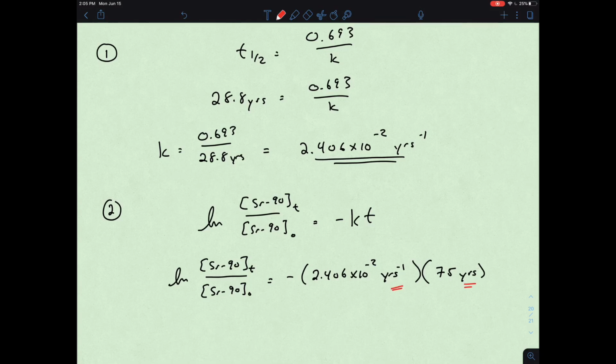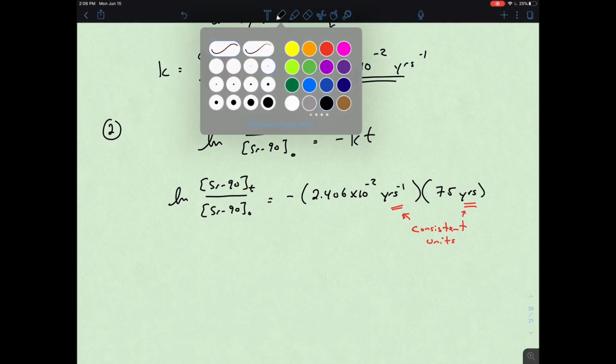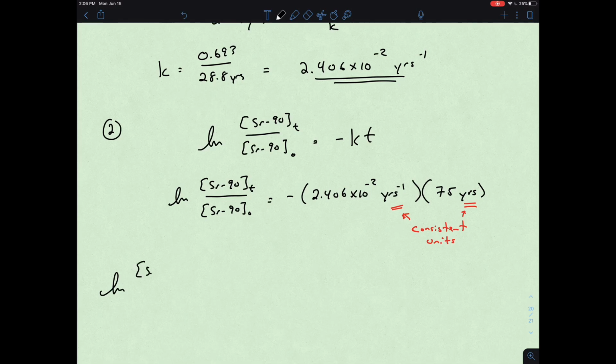One thing we want to be wary of is consistent units, which we do have here in terms of our year idea, so that those years are canceling out, which we want. And so the natural log of that ratio of the strontium-90s would be equal to negative 1.8046. We can then get rid of the natural log by taking e to the x of both sides.